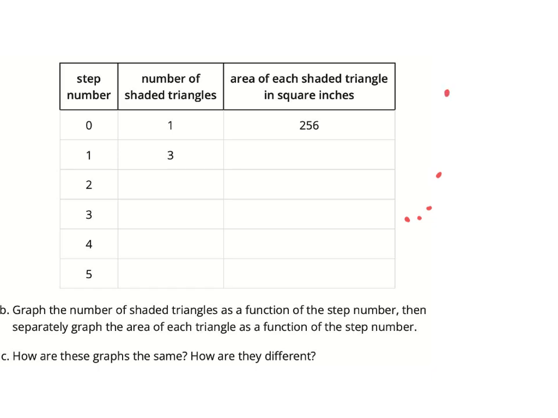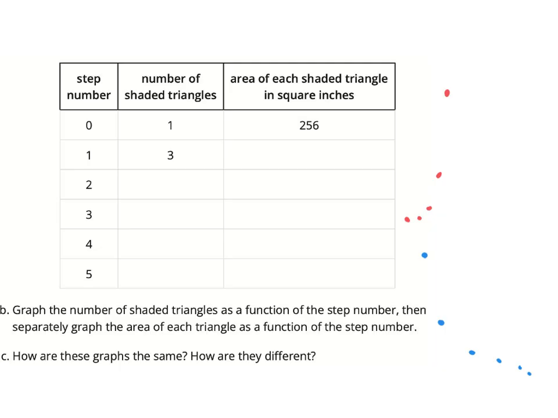So we can see that it's curved and it's going up. The second one started at 256, then it went down to 64, then 16, then 4, to 1, to 1/4. And again, another curved graph. One is increasing from left to right, one is decreasing from left to right.